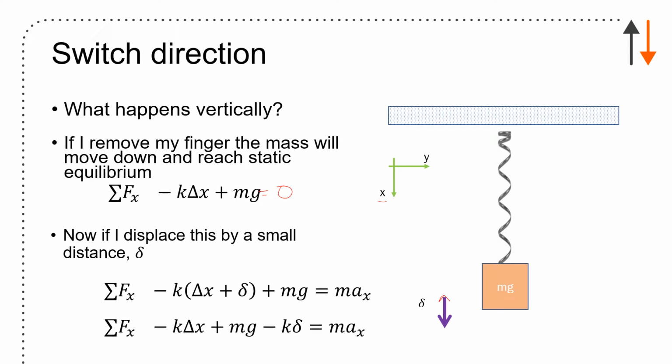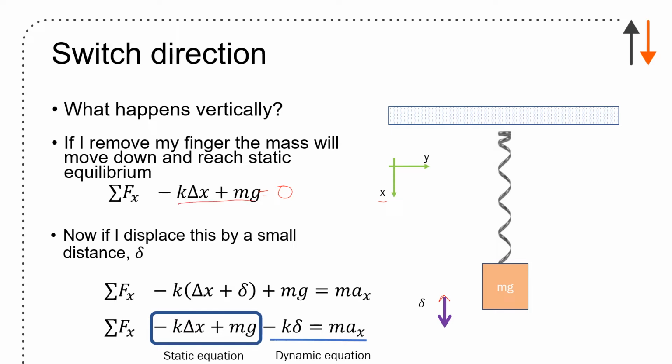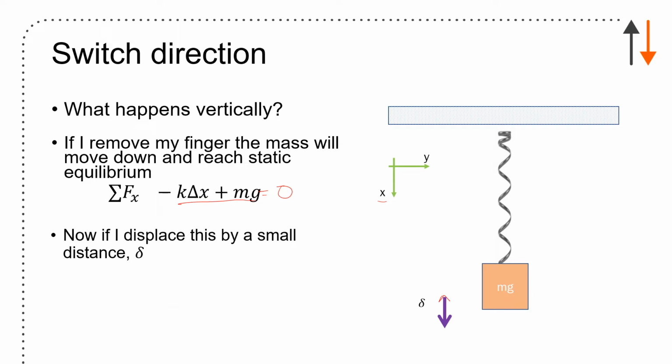What's interesting is that these two terms cancel out, and I end up with minus k delta equals m a x. My static equation is already equal to 0, so my dynamic equation looks a lot like the one I had before. Using the coordinate system I have, m x double dot minus kx equals 0. I end up with the same expression as for the horizontal motion.